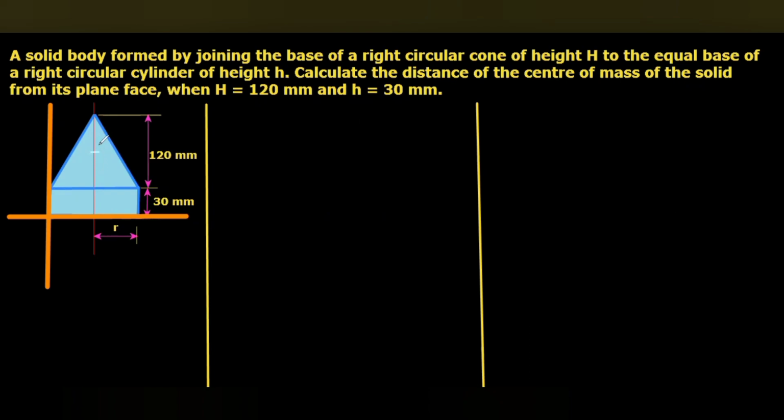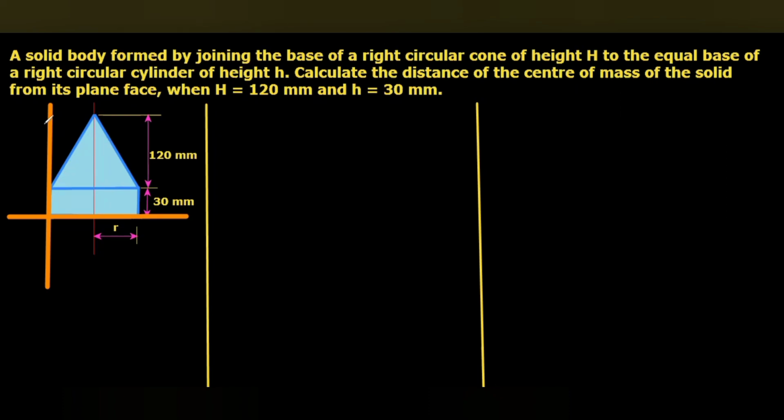It may be here, here, or here, whatever, but the distance of the center of gravity from the reference axis for x bar calculation will be the same. That's why we are not going to do the x bar calculation for this numerical. Do you understand?